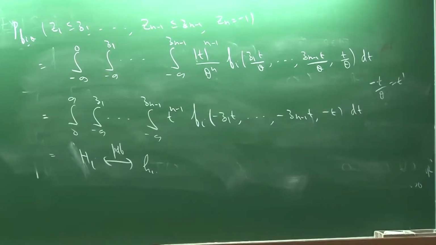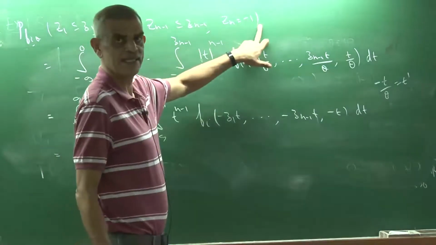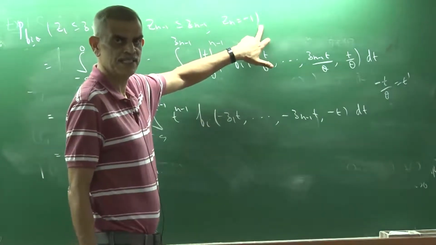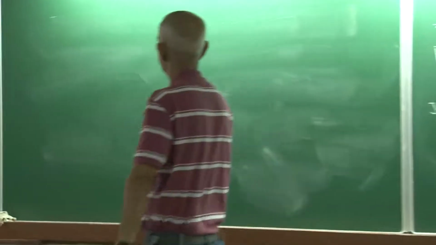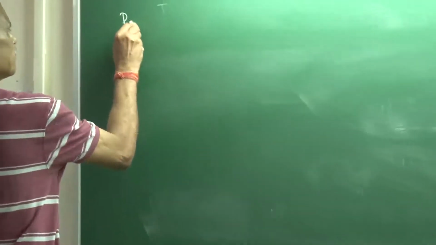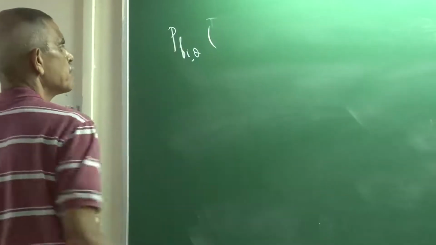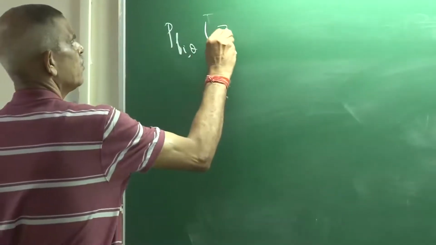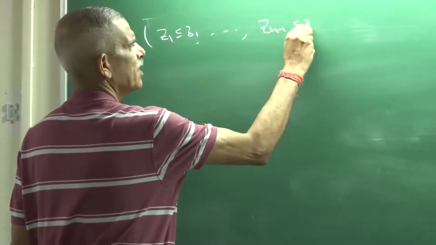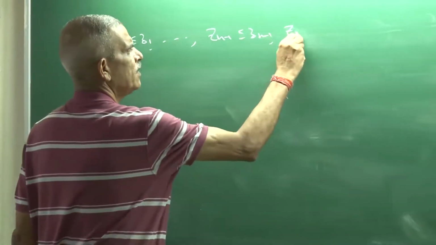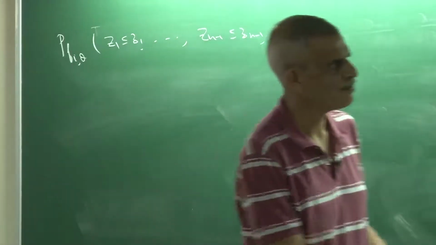Now similarly I can find it out when Zn is plus 1, because Zn can take discrete values minus 1 or plus 1. So similarly, P Φ theta, Z1 less than or equal to z1, Zn minus 1 less than or equal to zn minus 1, Zn is equal to 1. What would happen?